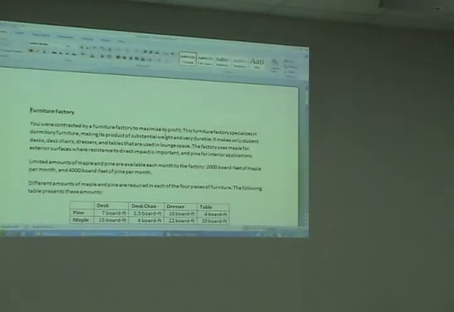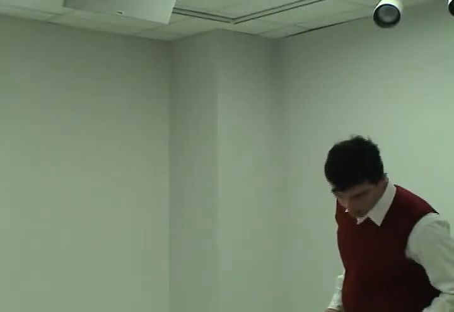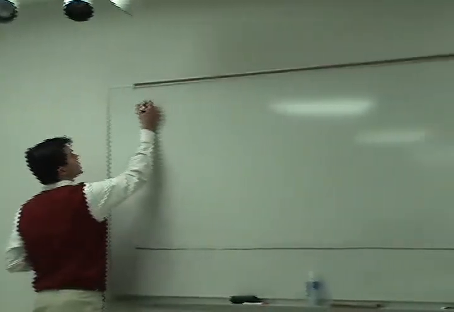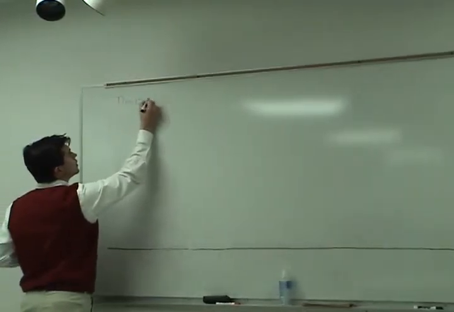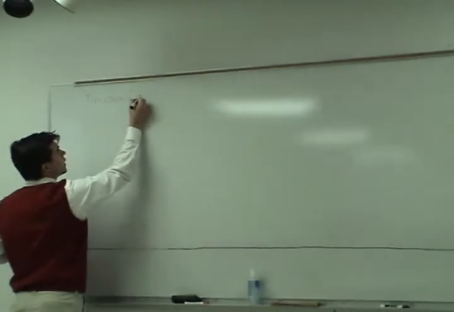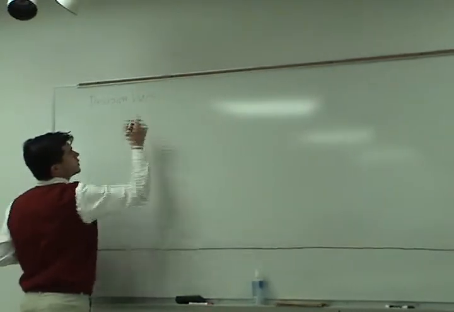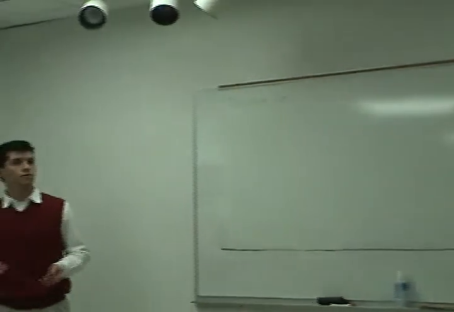So, in operations research, there's always the first step. The first step is to define the decision variables. So let's see. We have the decision variables. This is our only unknown variables.